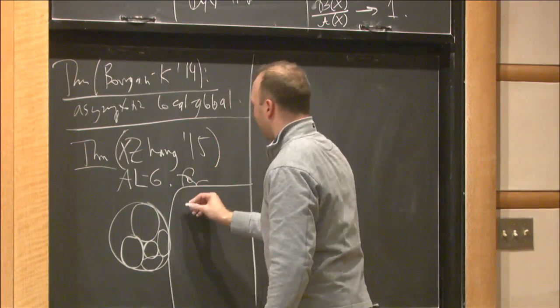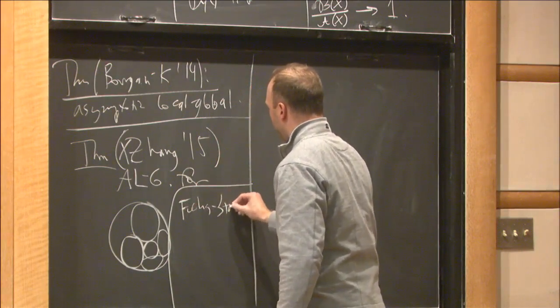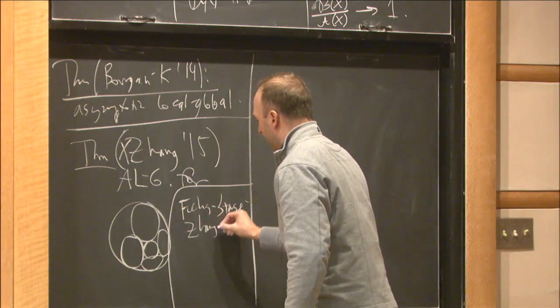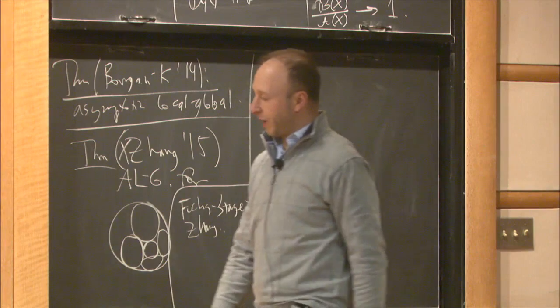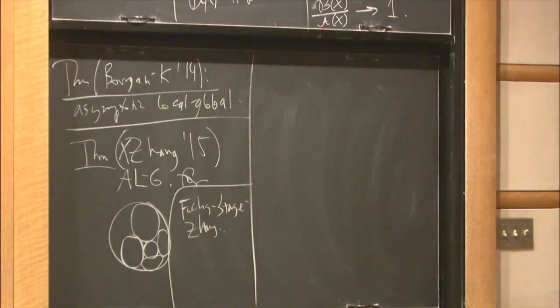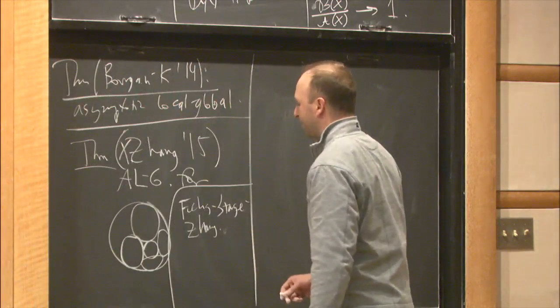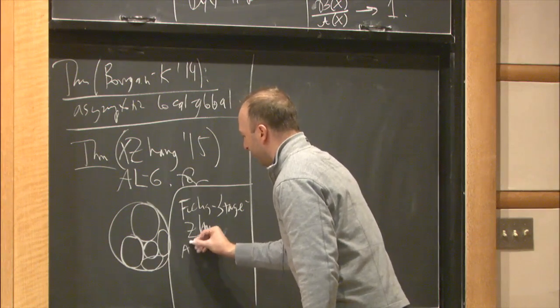And most recently, Fuchs, Stange, and Zhang extended this theory to, in the case of circle packings, the most general case it should be, which is asymptotic local-global.